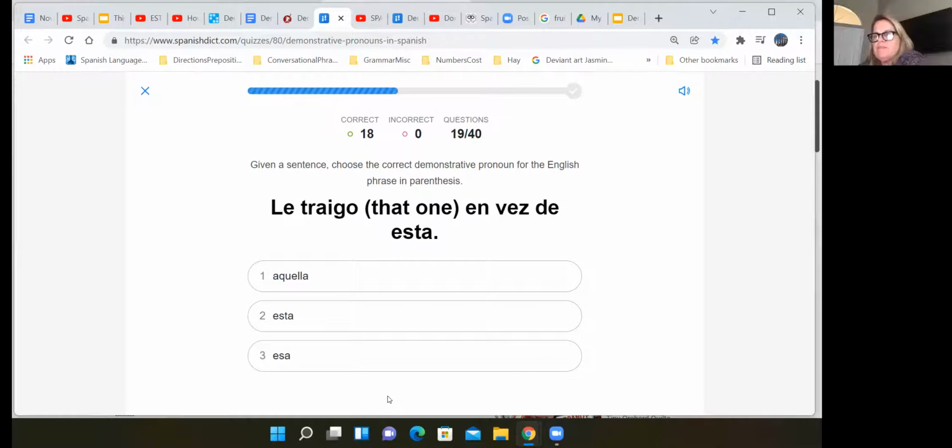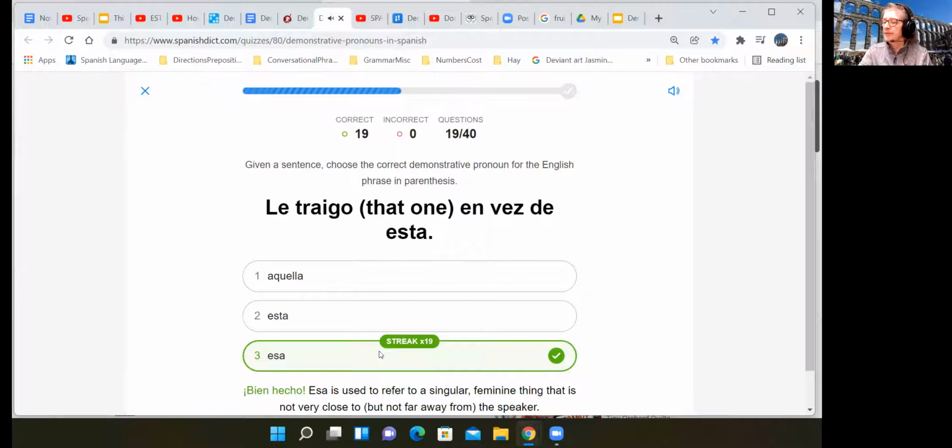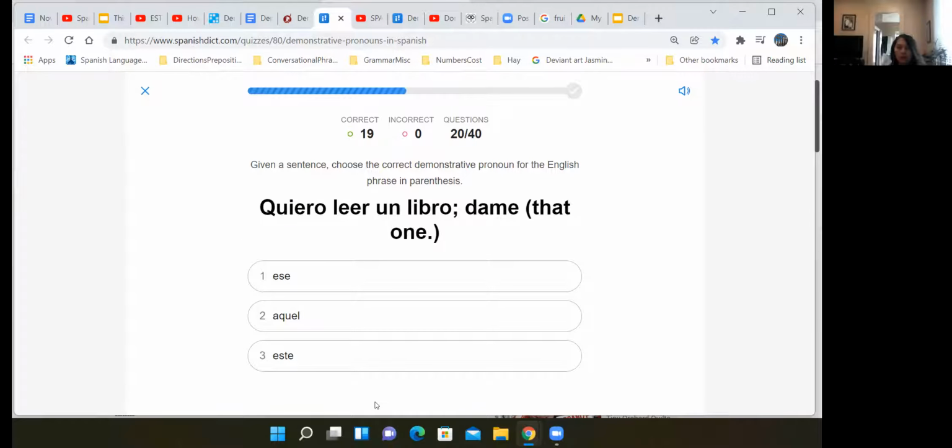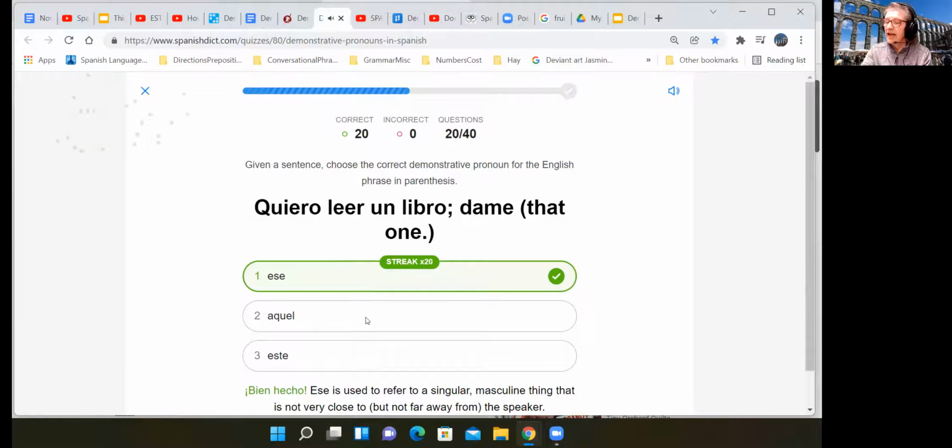En vez de means instead of, instead of this one. En vez de means instead of. Quiero leer un libro. I want to read a book. Dame, give me. Ese. Yeah, ese. Could it be aquel?